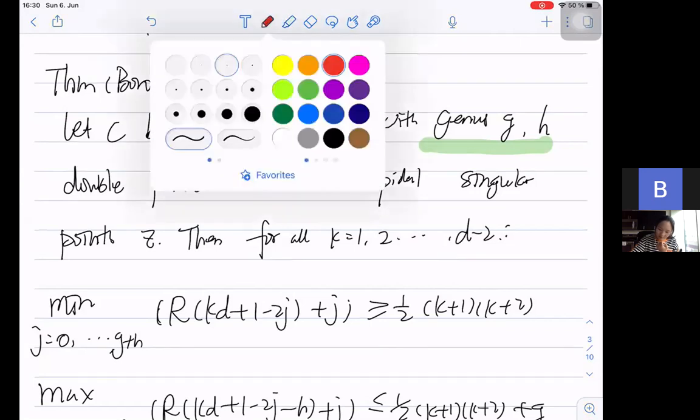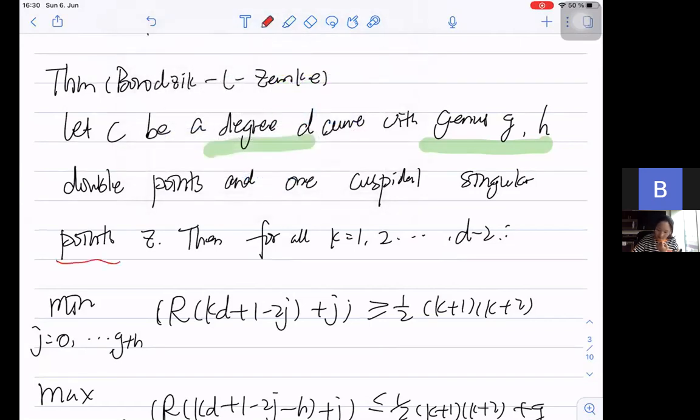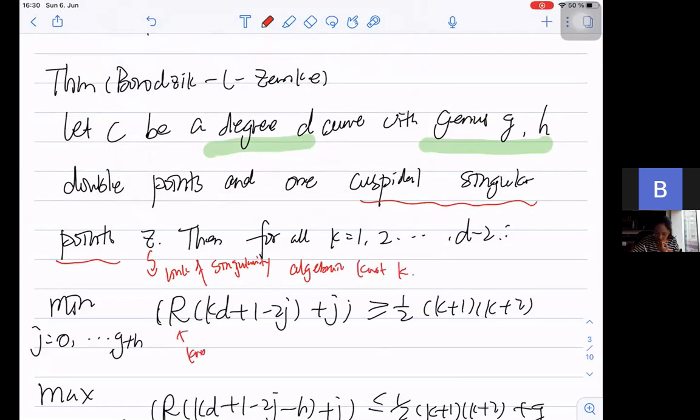Just a brief recall, this cuspidal singular point Z will give us a link of singularity. And actually, this is an algebraic knot. And R is not an invariant. You can basically regard this as the V function up to some grading shift, sorry.